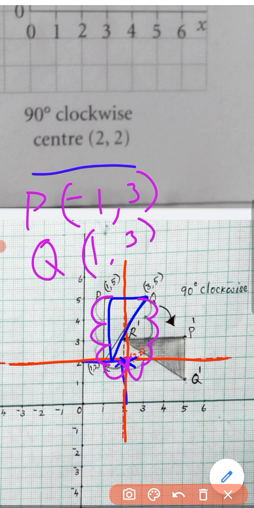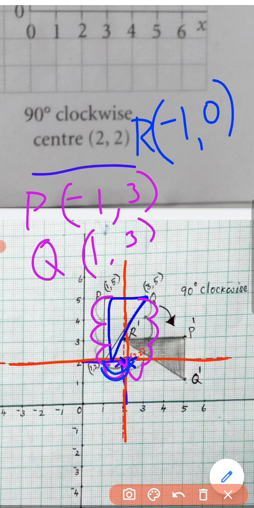Sorry children, R is on the x-axis. So its y coordinate is 0 and it is 1 unit to the left. Left means -1. So these are the new coordinates of P, Q and R.